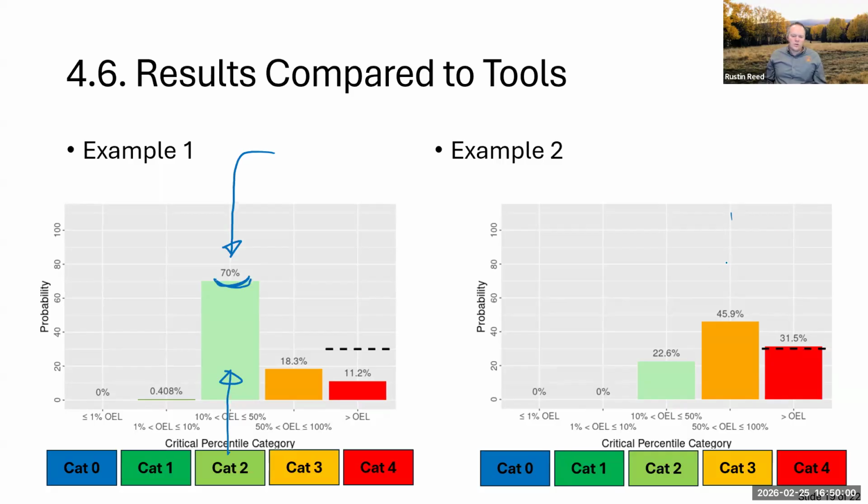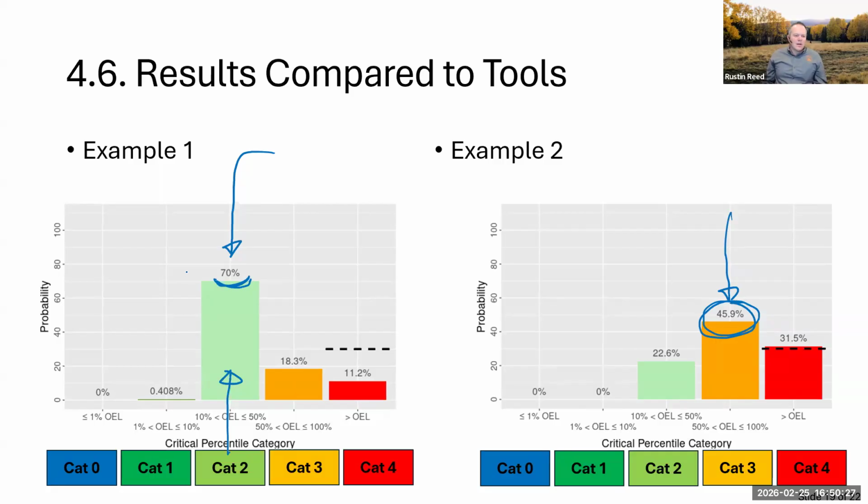And in example 2, it was a little bit closer, but category 3 was still the most likely category. And so our rule of thumb in these 2 cases ended up being accurate. Like I said, I have seen where it's not the same. That's okay. It's again just a back of the napkin, just a quick estimate, and not meant to replace using the tool.